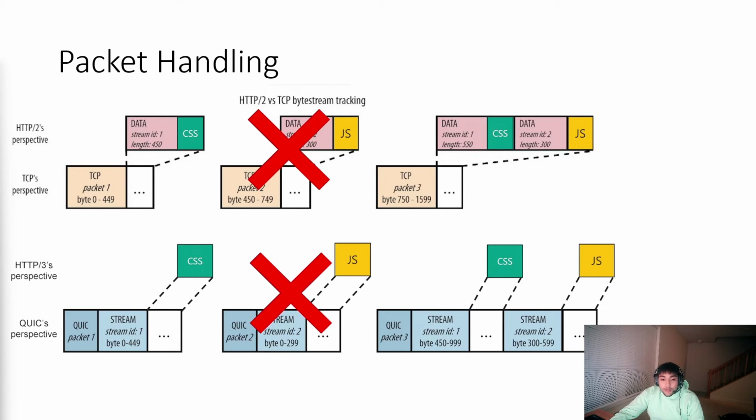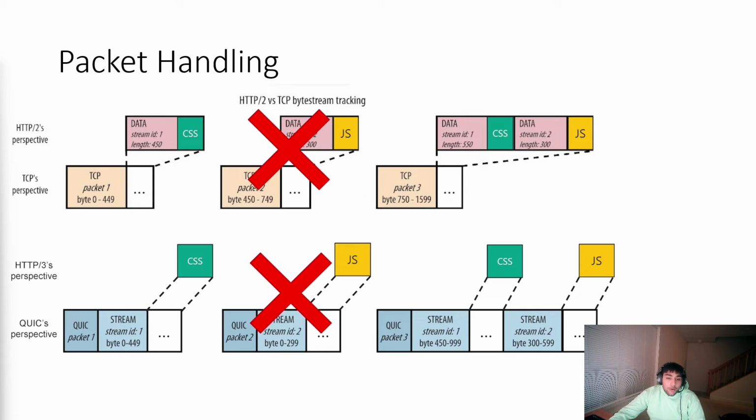We had the first 450 bytes come in, and the next 550 bytes, we have that. Those are there, and we can process all of the CSS data. It's only the JavaScript that has been delayed. That's the only one we should wait for retransmission to come in. We know this at the HTTP layer. TCP did not notice this.